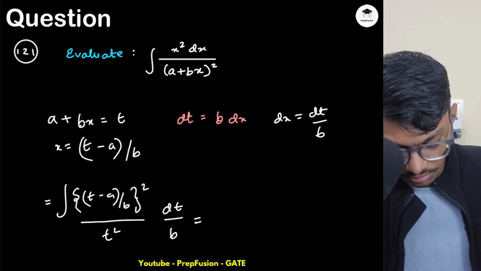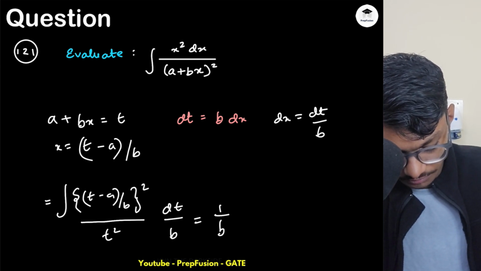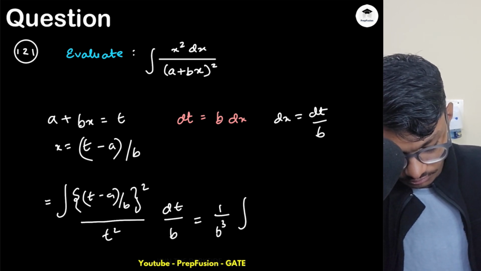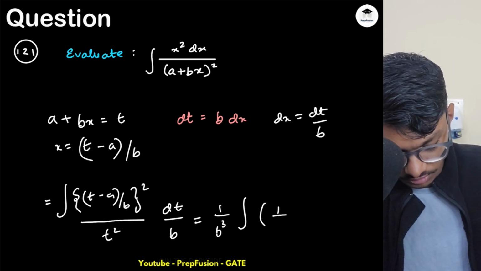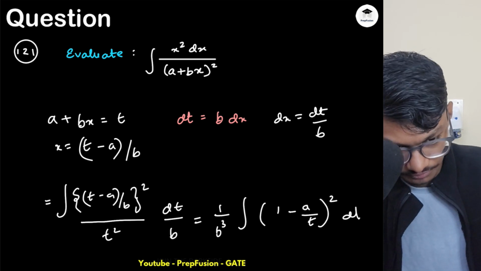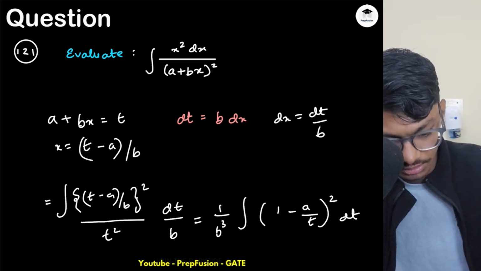So this b square is there, I can take common b cube. I can take the t square inside, so this will be 1 minus a by t whole square times dt. That I can simply integrate.